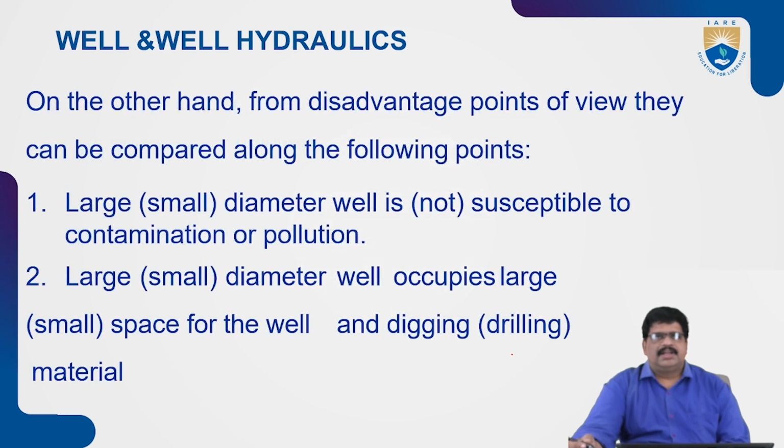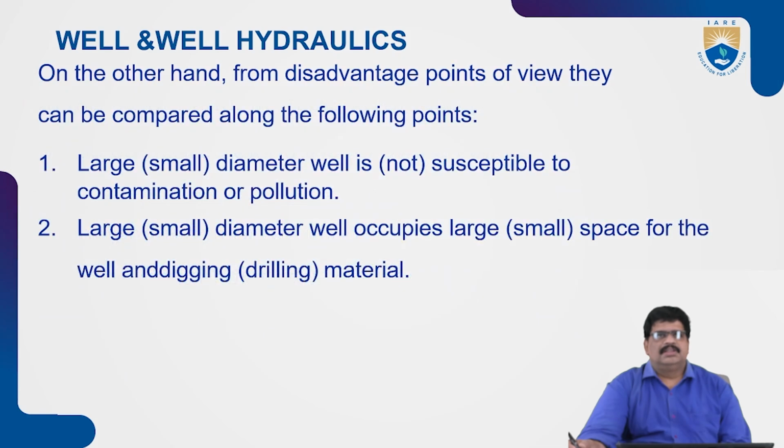On the well hydraulics side, on the other hand, the small diameter well is susceptible to contamination and pollution. That is a disadvantage. A large diameter well occupies large space for the well and the digging materials.